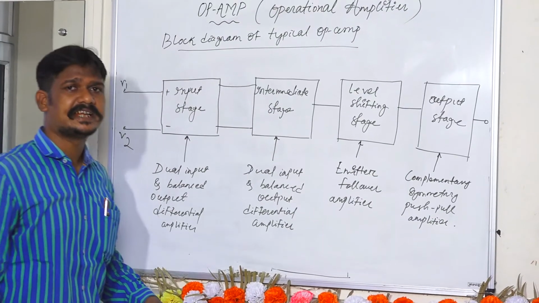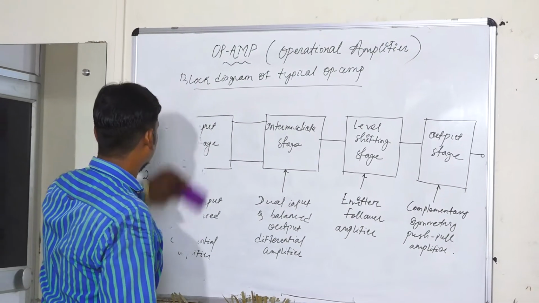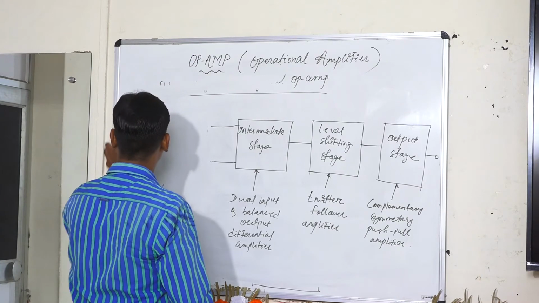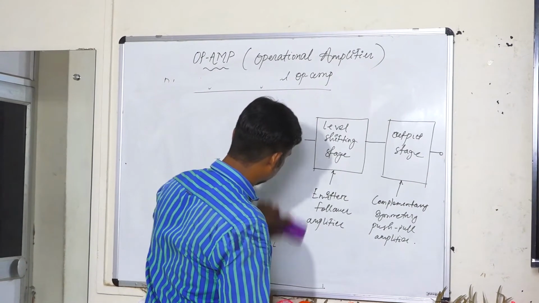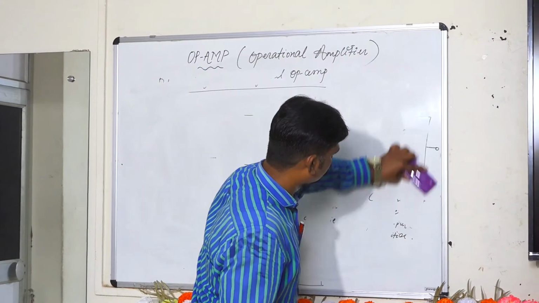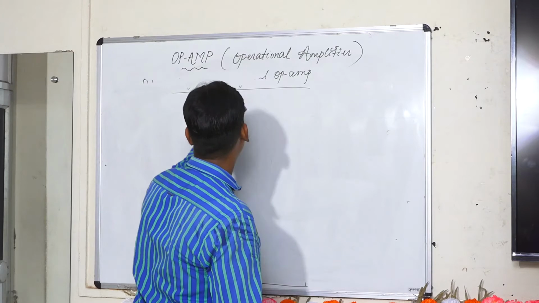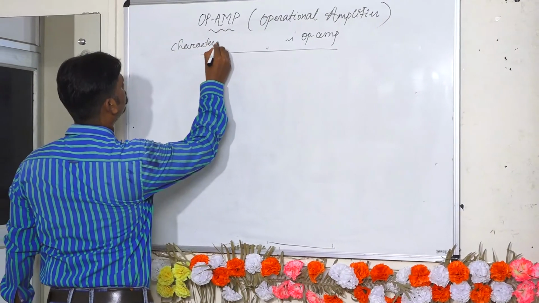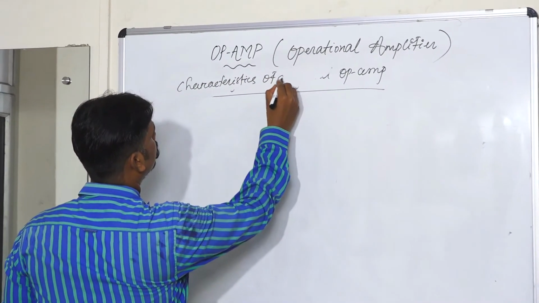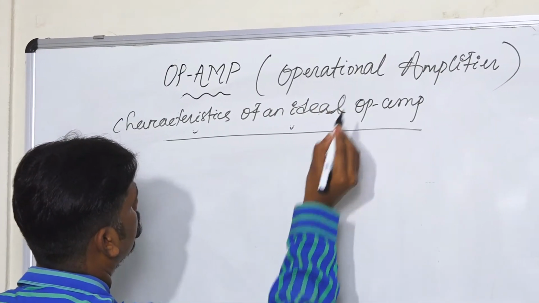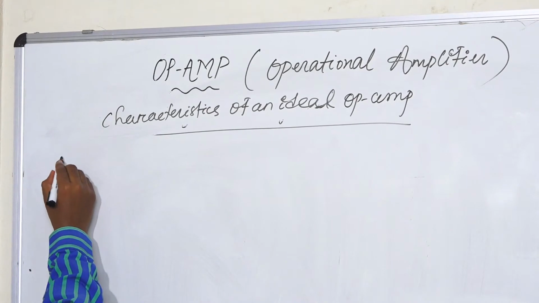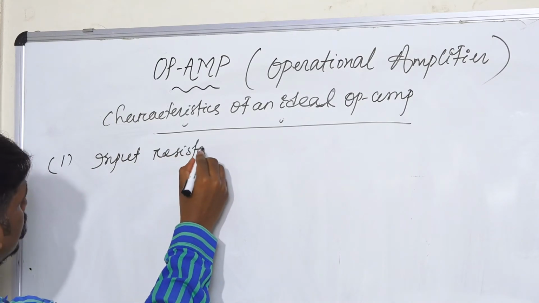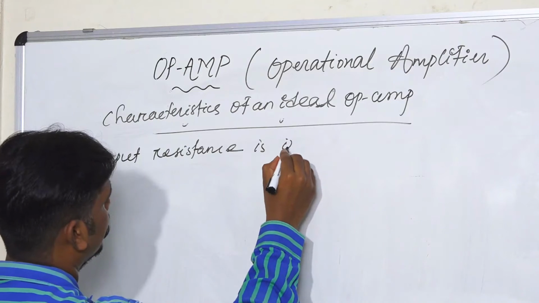Next, we will discuss about the characteristics of an ideal op-amp. So the first one is the input resistance of an ideal op-amp is infinite.